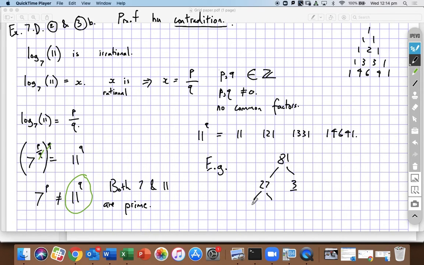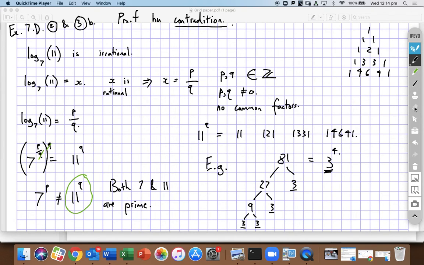The 27 we could break up into 9 times 3, and the 9 is 3 times 3. And 81 is 3 times 3 times 3 times 3, which equals 3 to the power of 4. So that is prime, and you don't have any factors in 81 that are smaller than that.